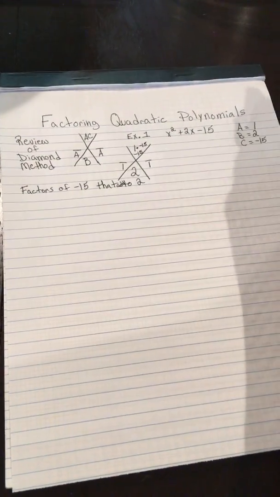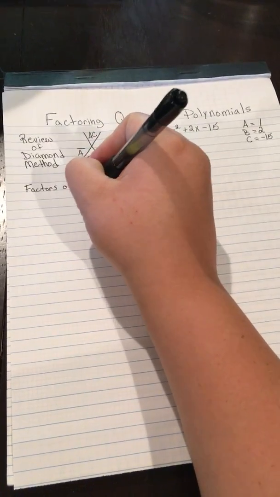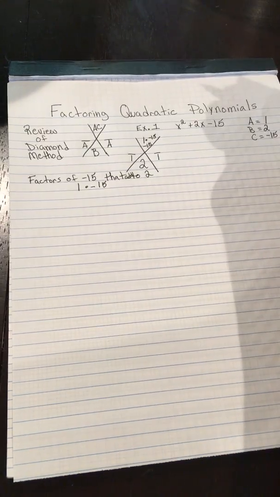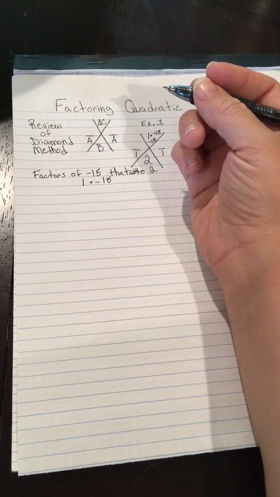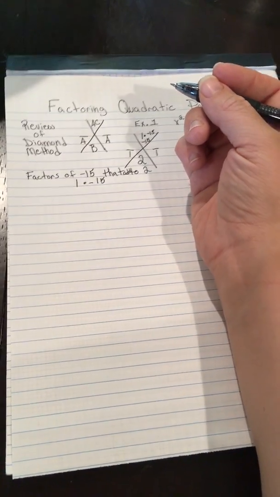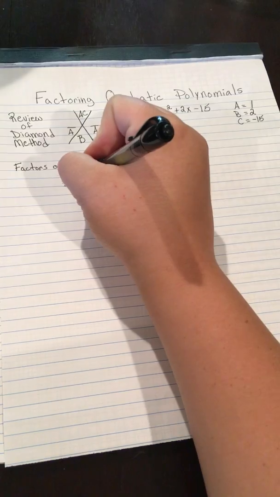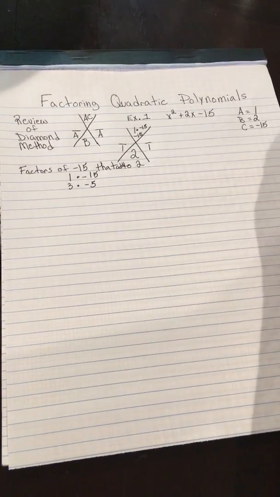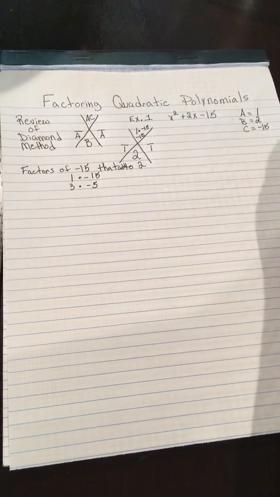Okay? And that is going to be, well, we know 1 times negative 15, that'll multiply to give you negative 15. We have 2 times something, that won't give us negative 15. 3 times something, that would be 3 times a negative 5. 4 times anything won't work. 5 times anything.